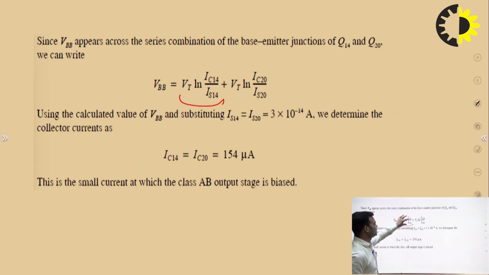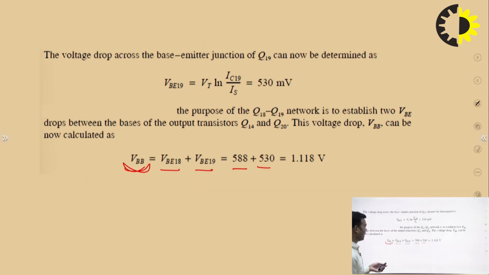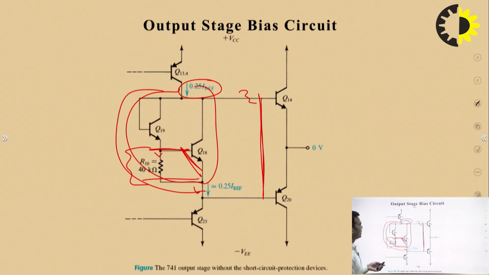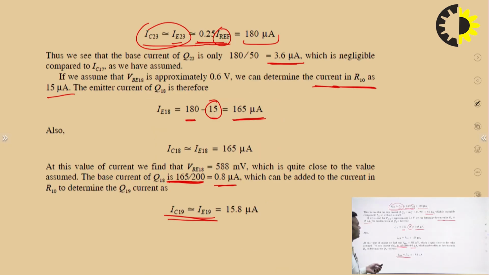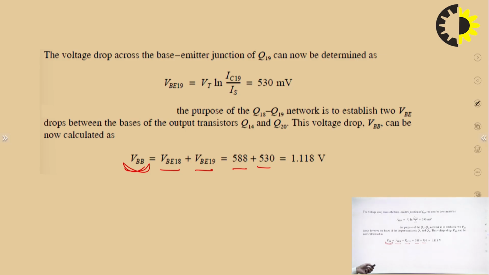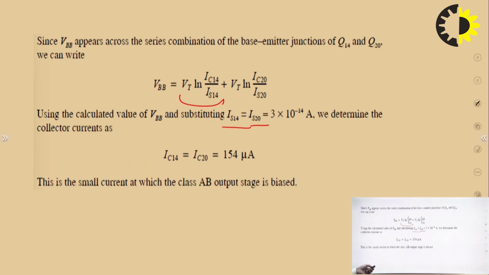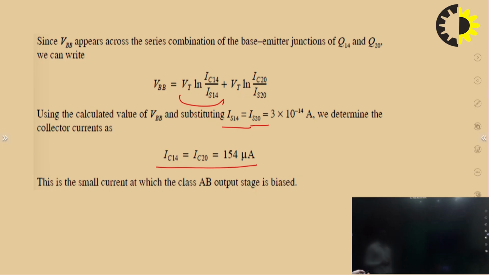This VBB is the base emitter voltage which is going to appear across Q14 and Q20. Now you can put the values of IS14 and IS20, and from the diagram you know that the collector currents of Q14 and Q20 are equal. So you can easily find that IC14 and IC20 are equal to 154 microampere.